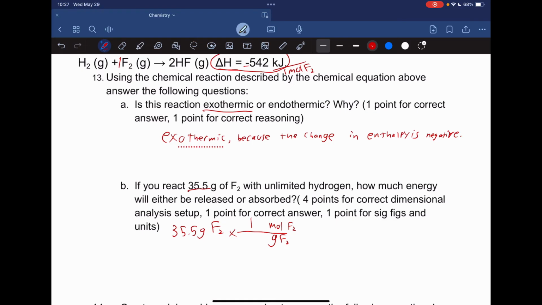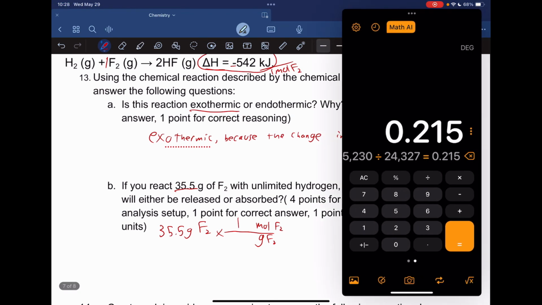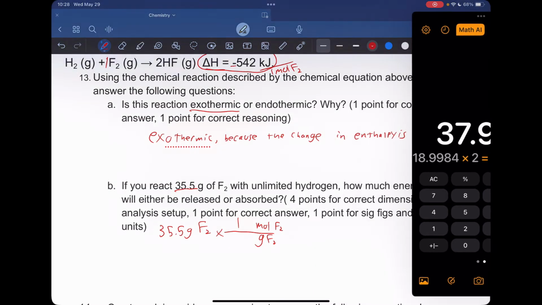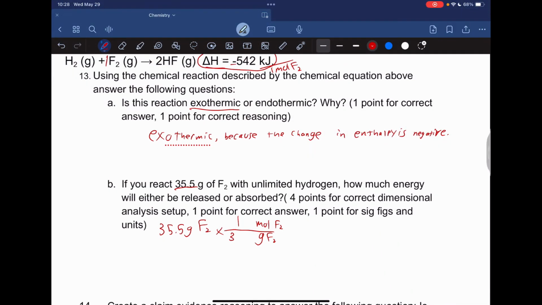Fluorine's molar mass of a single fluorine atom is 18.9984, but we're going to be multiplying that by 2. So let's take out our calculator. 18.9984 times 2 is 37.997. That's going to get us moles.